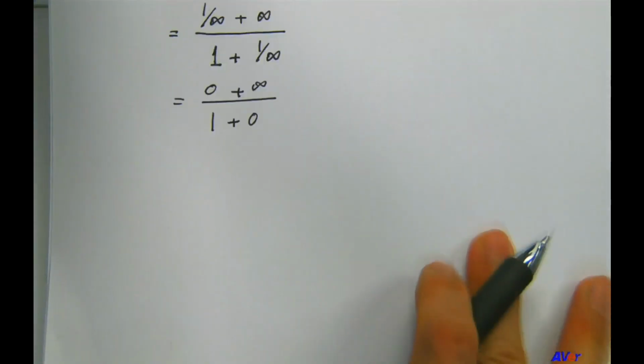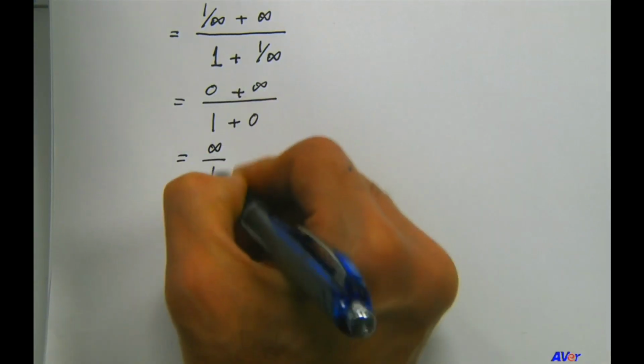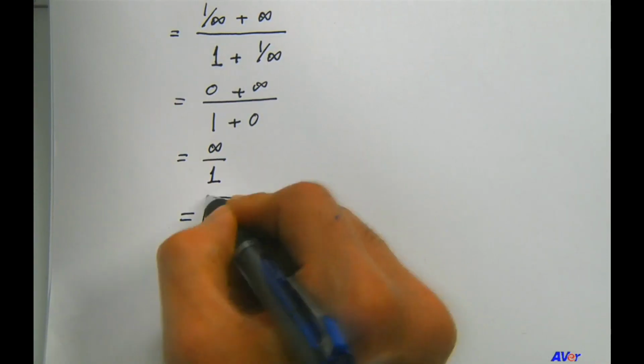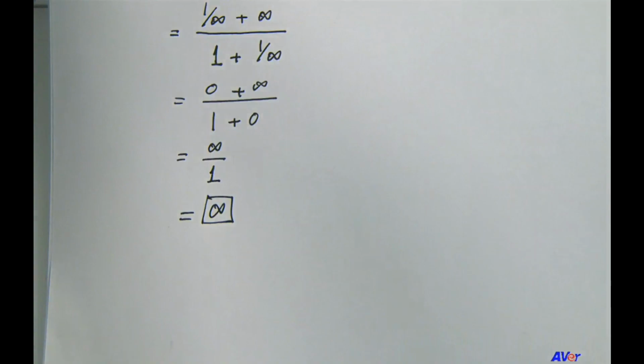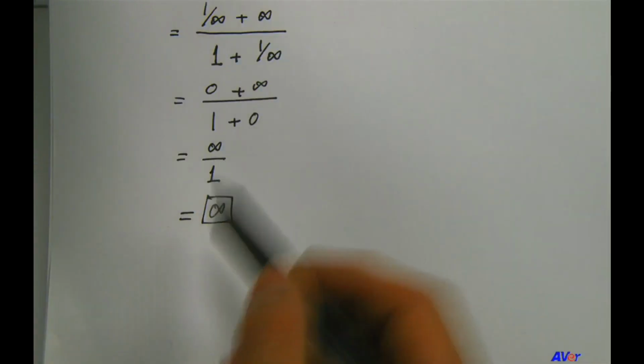So we get infinity divided by 1, which is infinity. So the limit, again, does not exist. But why does it not exist? Because the value of the function becomes larger and larger without any bound. So that's why.